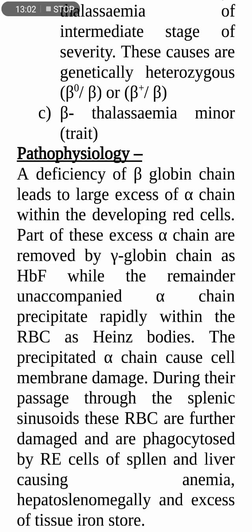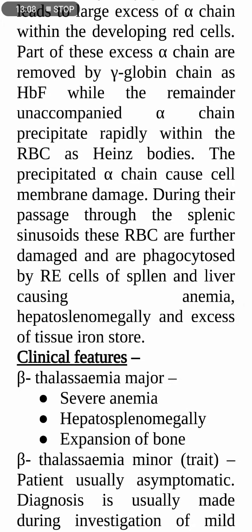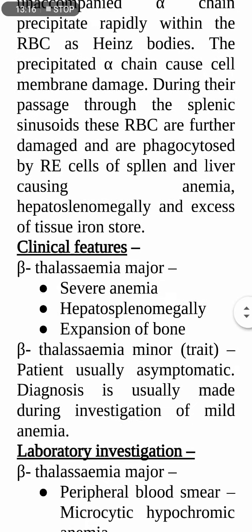This leads to damage of the cell membrane, and when it passes through the splenic sinusoids, these RBCs are further damaged and phagocytosed by the RE cells of the spleen and liver, causing anemia, hepatosplenomegaly, and excess tissue iron stored.